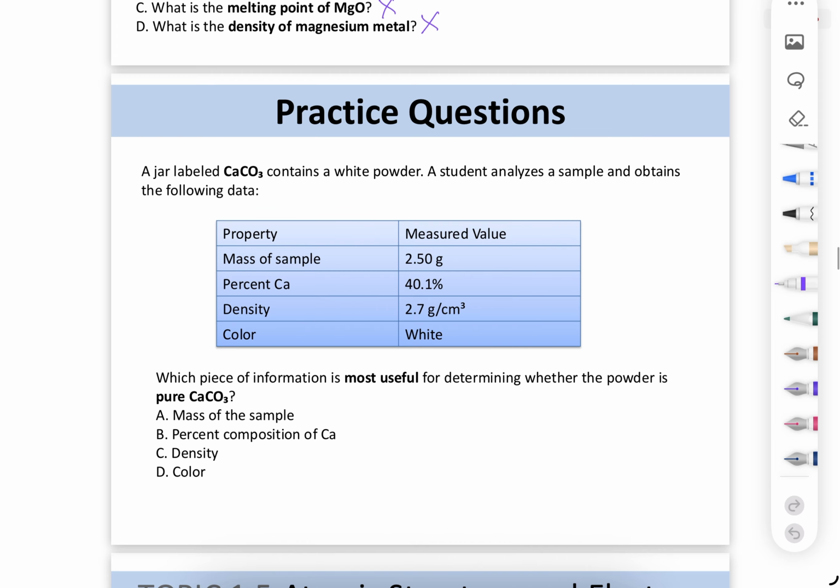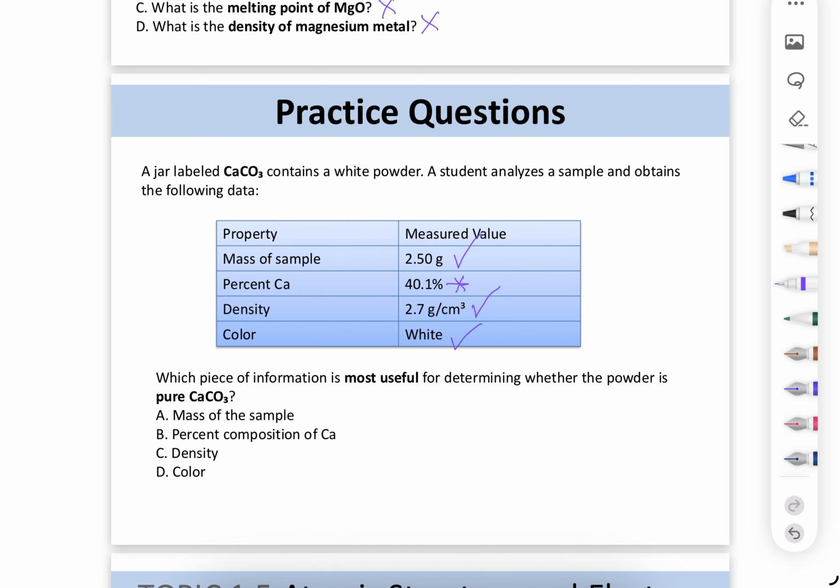Next question. A jar labeled CaCO3 contains a pure white powder. A student analyzes a sample and obtains the following data: the mass of the sample, the percentage of the compound, which is very important because it's an elemental analysis, as you found out which element is present in how much amount, the density and the color.